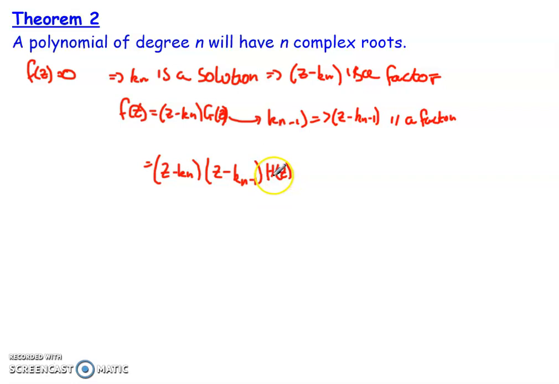Again, highest power of h of z is now one less than g of z. I can continue this on and on and on, and what I'm then eventually able to do is rewrite f of z in the format z minus k_n, z minus k_{n-1}, continue on and on and on until I get z minus k_1. So I've got n complex roots for that polynomial.